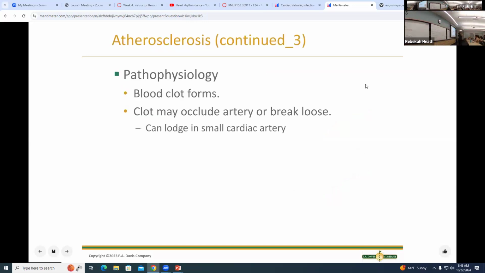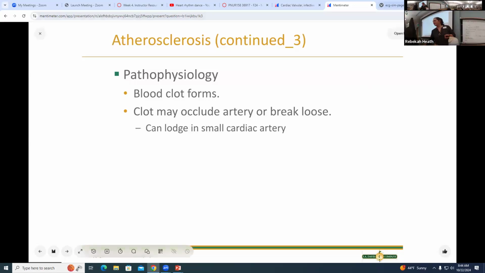So as those plaques build up, the blood can't get through like it needs to. And as the blood's backing up a little bit, things like platelets and other components in our blood can stick to that and form a clot.